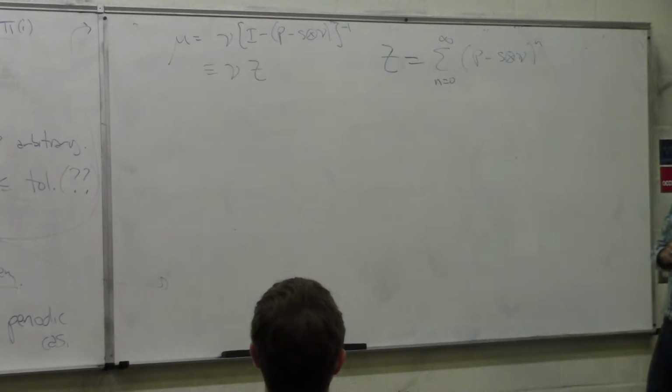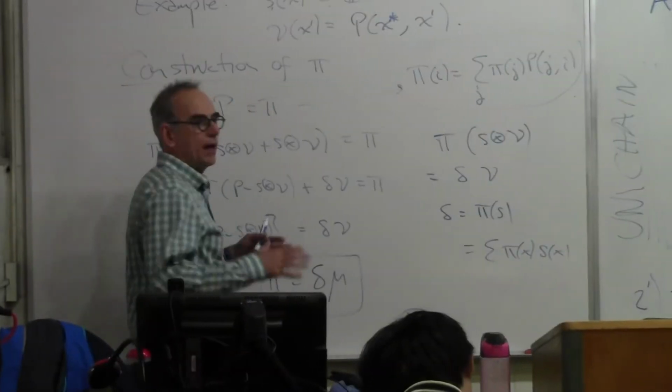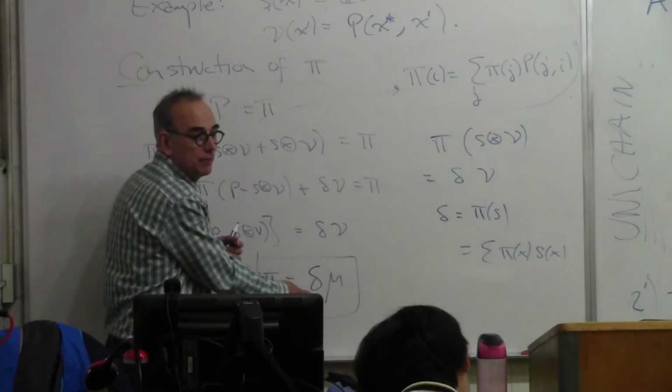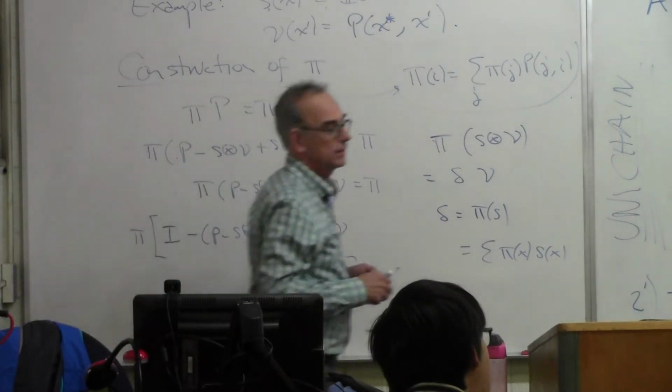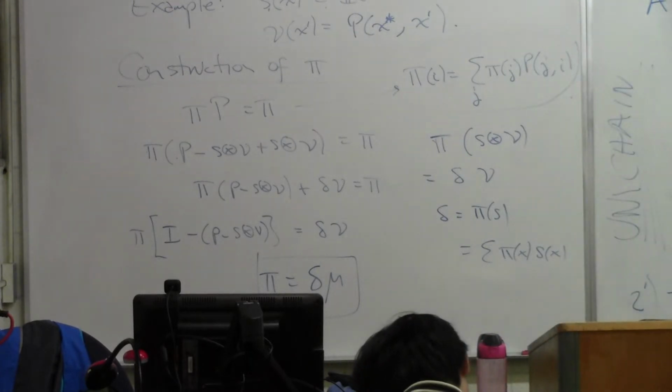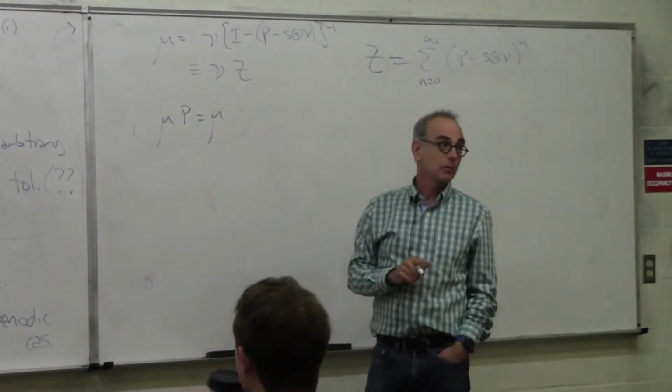And guess what? If I scale an eigenvector, I get an eigenvector, right? The delta is irrelevant. I've solved the left eigenvector problem.